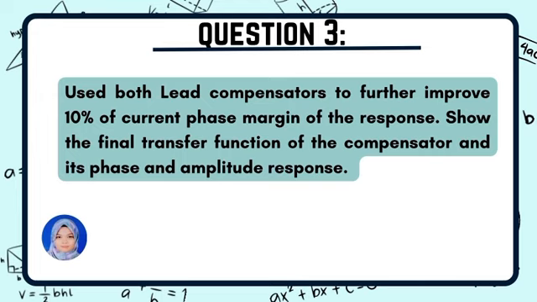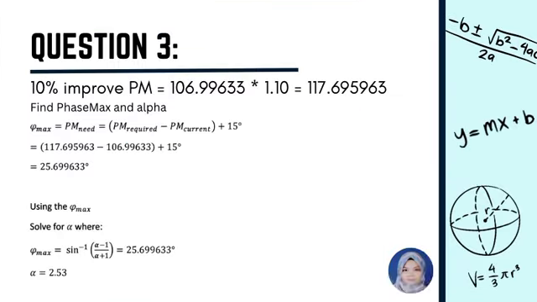For question 3, the question asks to improve the current phase margin of the response by 10% using a lead compensator. To find the value of the phase margin improved by 10%, we need to multiply the current phase margin by 10%, and we will get 117.695963 degrees. After that, we need to find the phase max.